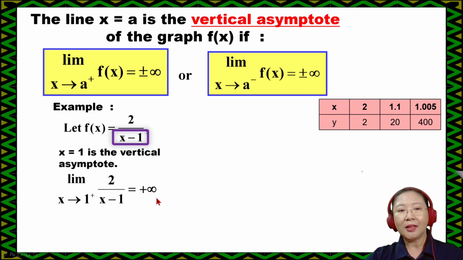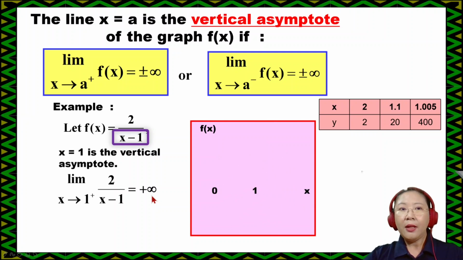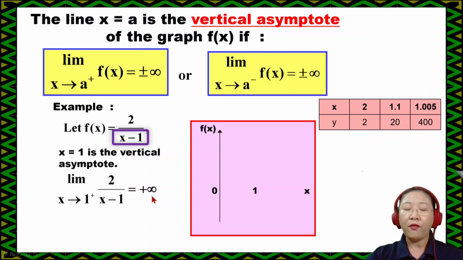So our answer is positive infinity. So you can imagine it, or you can actually fill it up. You can also use your calculator to calculate and imagine those numbers coming from the right-hand side of A, and you put it into your calculator and you will get the answer too.